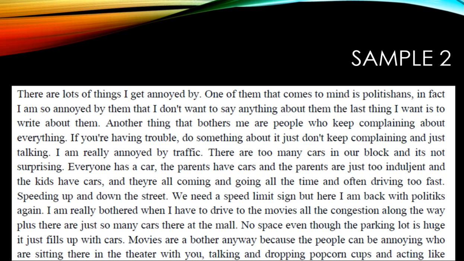So she starts generally, and then she talks about all those things that annoy her, and see how different ideas are being generated. She jumps from one idea to another, but all these ideas are being generated because she is thinking on paper. She is writing every thought that comes to her mind, and that's not just loud thinking, it's also thinking on paper because she is writing them down.